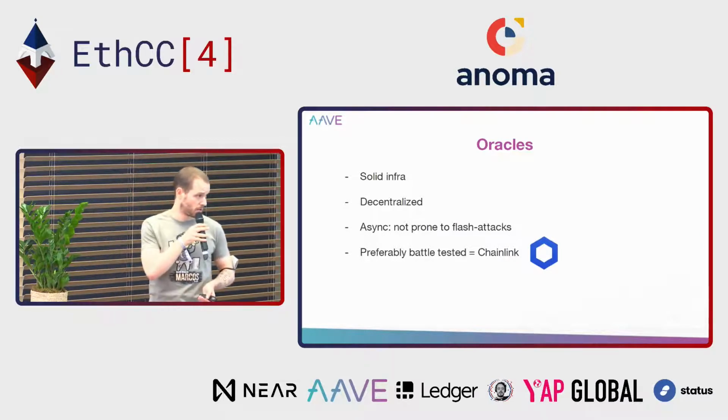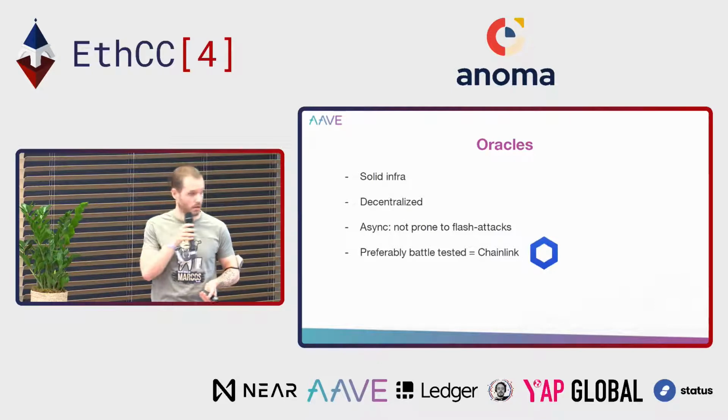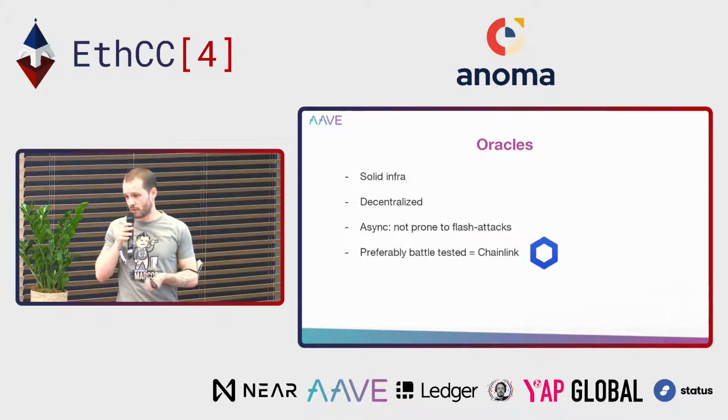So it's quite important. It's not always the case, because with some tokens it's not so easy to do data sync, but it should be. And then, battle tested is part of the first point.